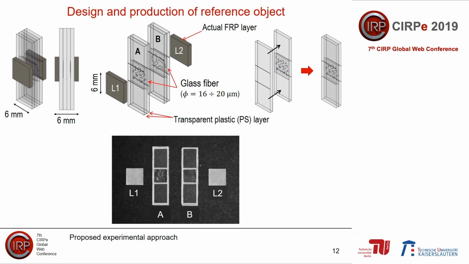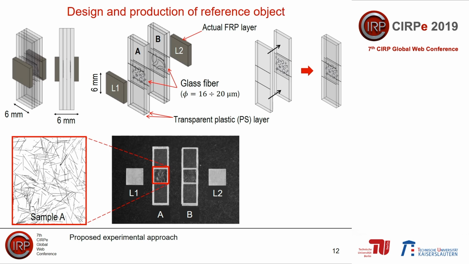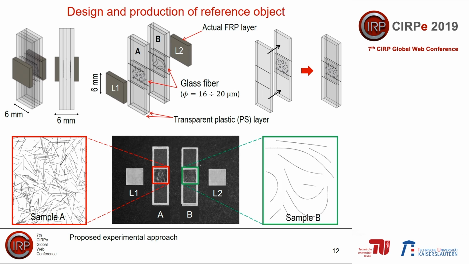Subsample A contains straight fibers characterized by many different configurations, while subsample B only isolated fibers but both straight and curved. 2 separated samples were chosen for an easier fiber arrangement. The transparency of the polymeric layers enables fiber length calibration using an optical system, which needs the fibers to be visible from the outside and to lie on a plane orthogonal to the optical axis.